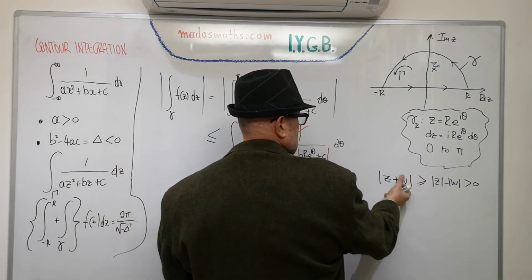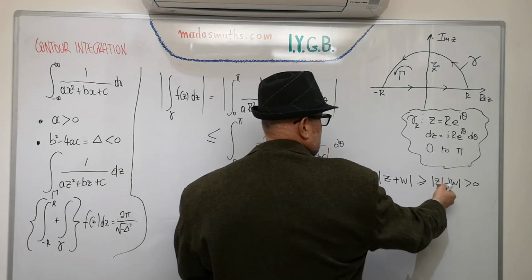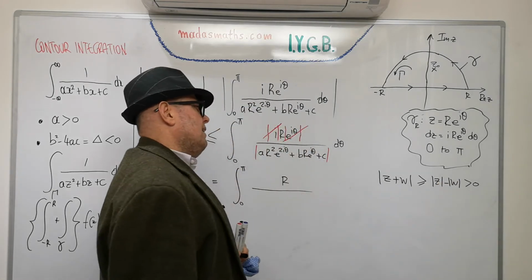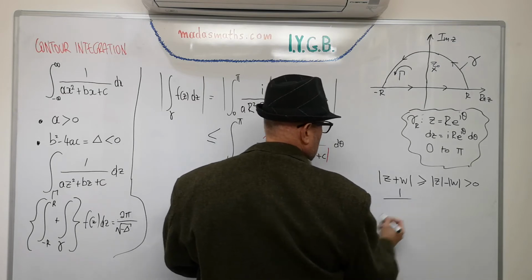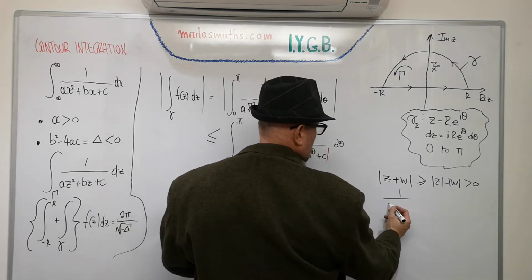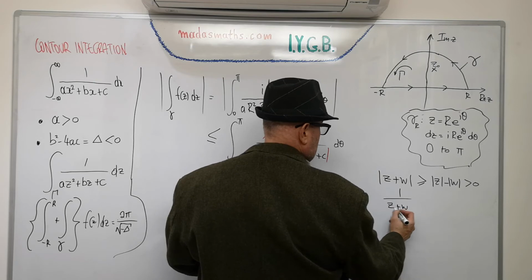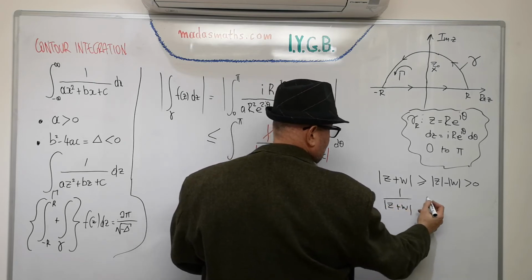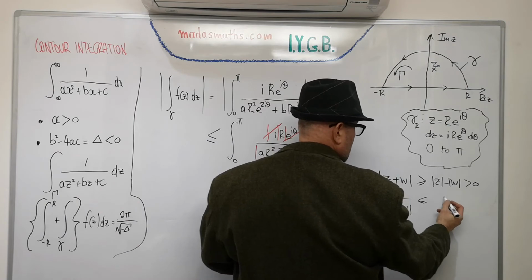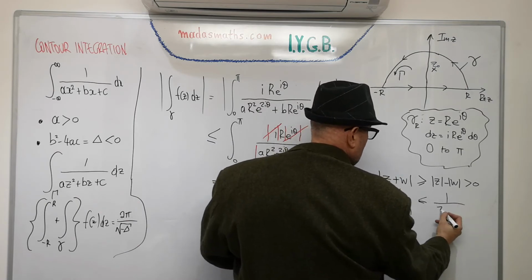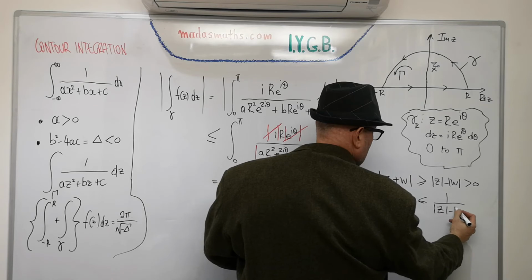It's symmetrical, w plus z, and then the w goes there and the z goes there, and now this becomes greater than 0. And of course I want to use this as a reciprocal. Again, this is very, very standard. The reason I'm writing it is because it is very, very important. So it's going to become that.